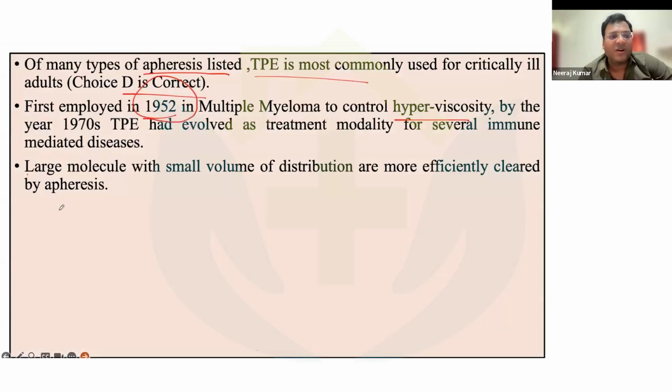So this statement is not true. Large molecules with a small volume of distribution, if a molecule is very large and has a very small volume of distribution, are always efficiently cleared by the process of apheresis. So again, this is an important one liner that you have to remember.